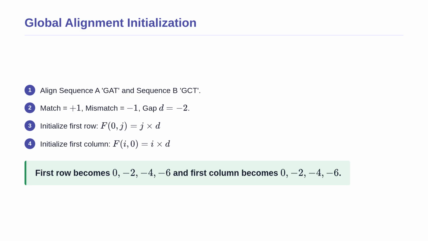This represents the cost of aligning the sequence against pure gaps. Since our gap penalty is -2, the first row becomes 0, -2, -4, -6, and the first column does the same. This creates a heavy penalty for starting an alignment with massive gaps.